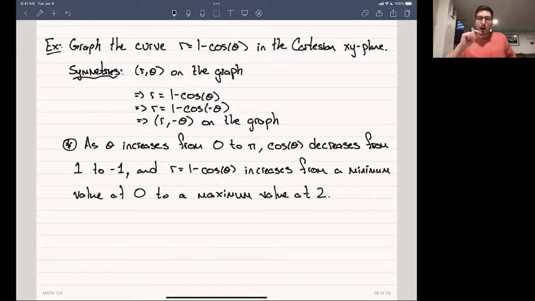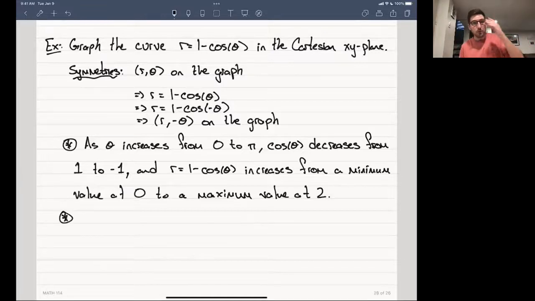Now, the first thing you're asking yourself is, why did you restrict yourself from 0 to pi? Well, from 0 to pi sweeps out the entire top half of the Cartesian plane, and I know that I have symmetry about the x-axis. So whatever happens at the top, you can just mirror it over the x-axis by the symmetry. So I only really have to look from 0 to pi in this case, right? Okay, that's one nice thing.